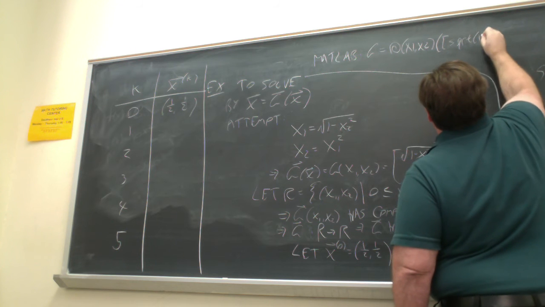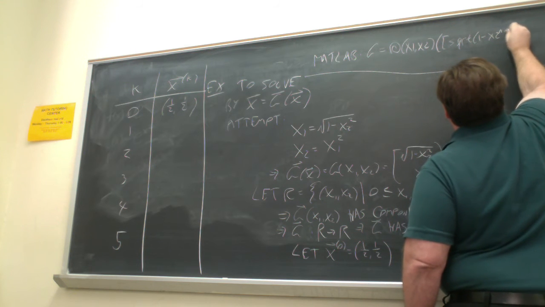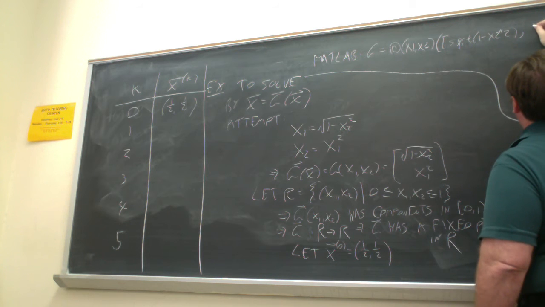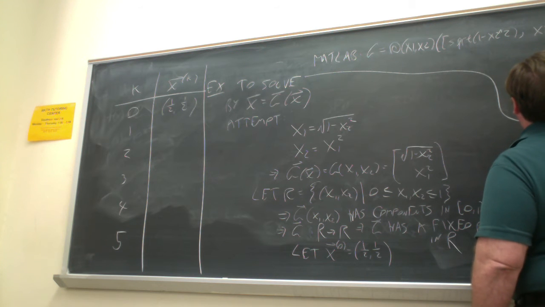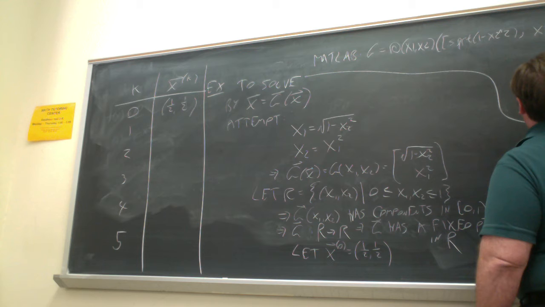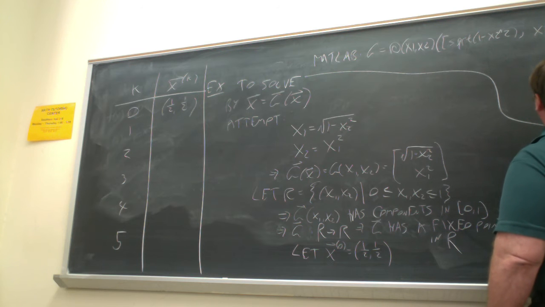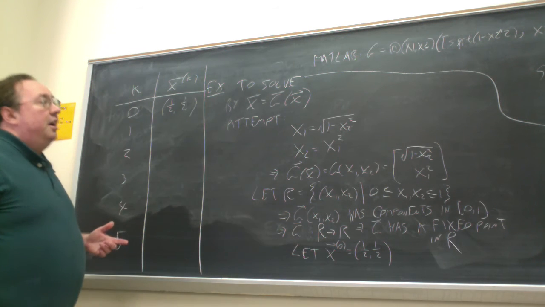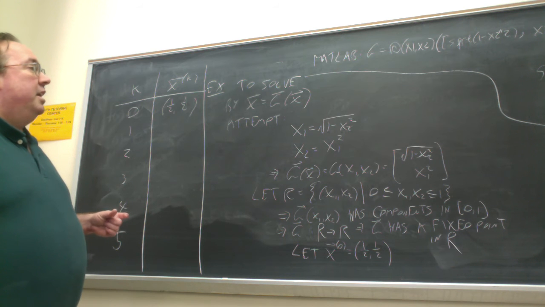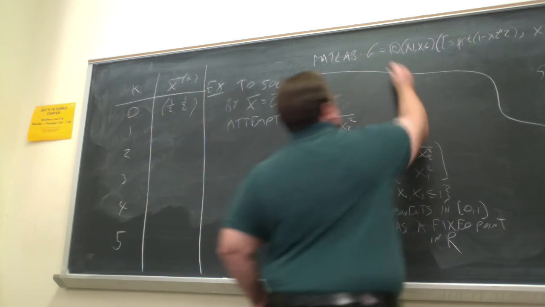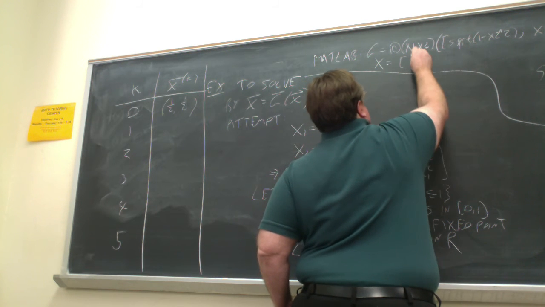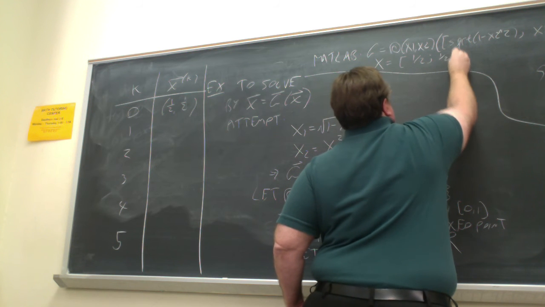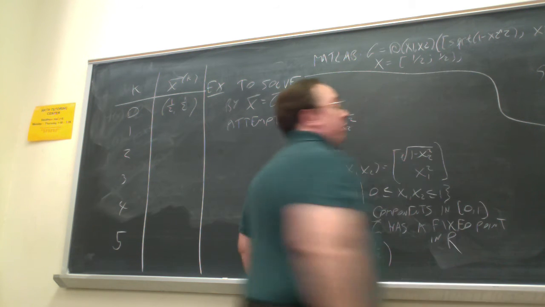So I do square root of 1 minus x2 squared, semicolon to make it a column vector, and then the other component is x1 up arrow squared. Close the column vector. So that defines my function g in MATLAB. And now I can set my initial guess to be a column vector, 1/2, 1/2. So I'll go ahead and do that.